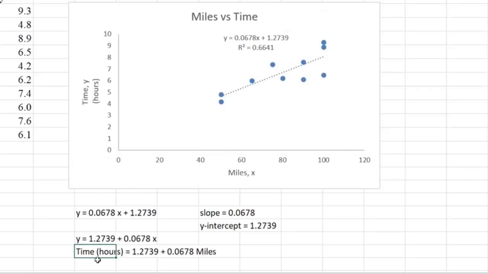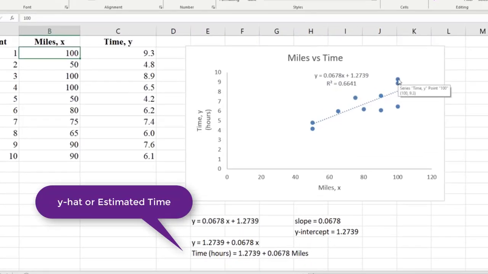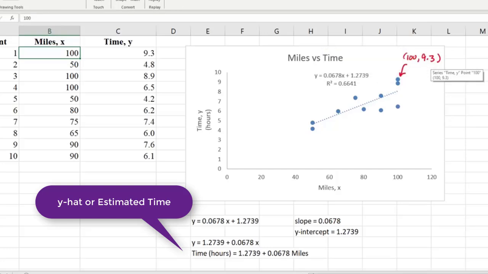Now, is this a real time? This is really like estimated time. And this one is 109.3. So that one is your first data point, 9.3. So that's this one. Now, if I plug in 100, what do I get?